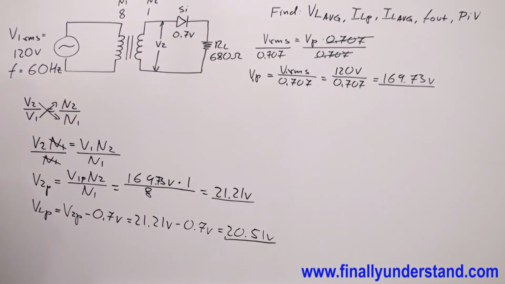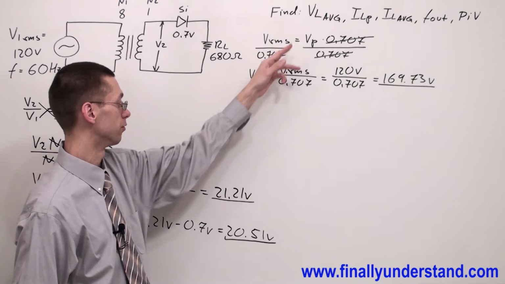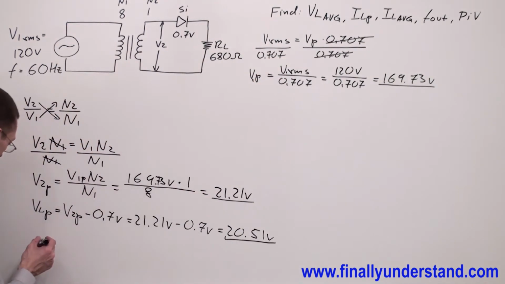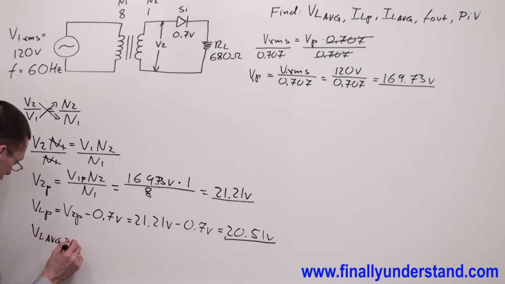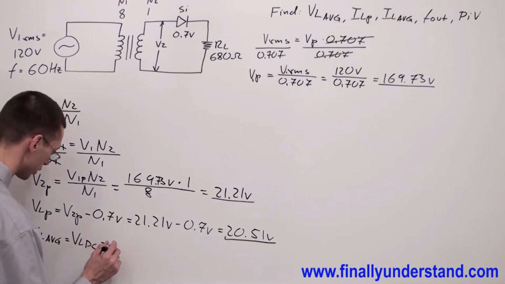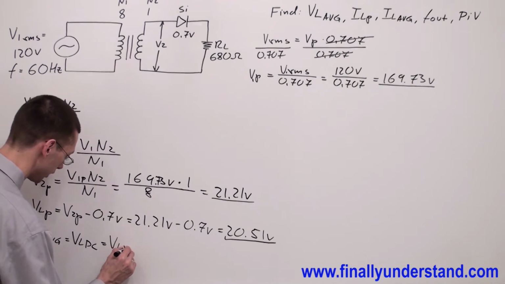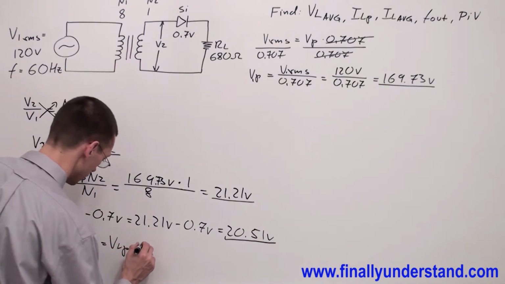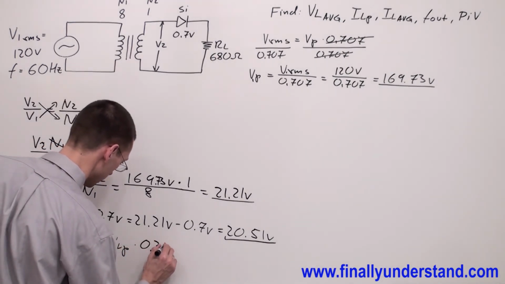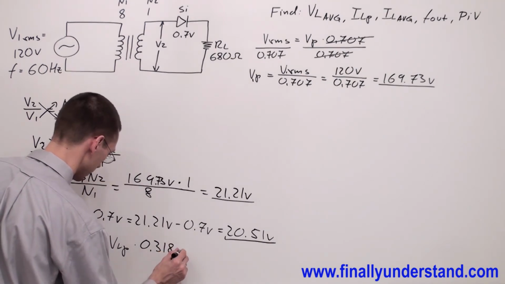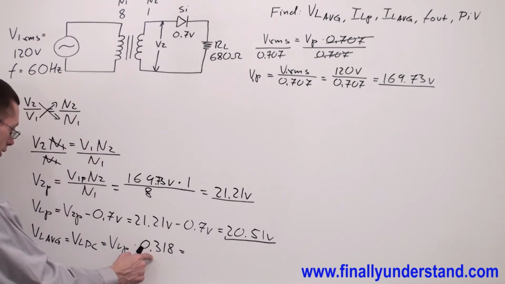In order to find VL average, you have to remember the formula for a half-wave rectifier. VL average, which is equivalent to VL DC, also called the DC voltage, is equal to VL peak times 0.318. Remember, this is the constant.